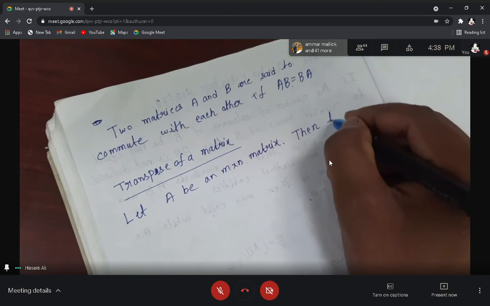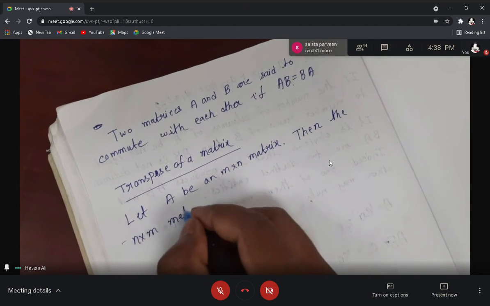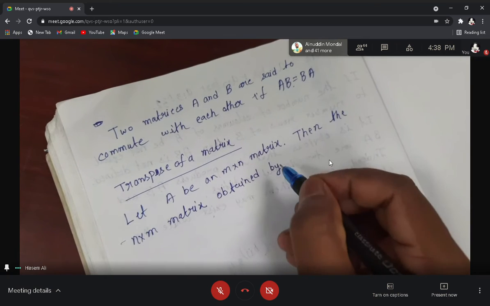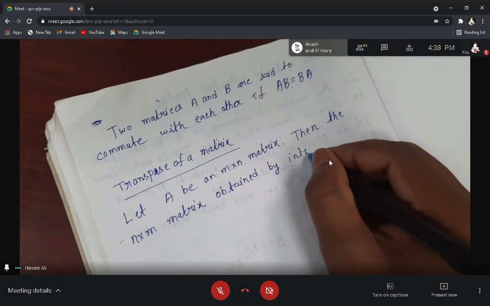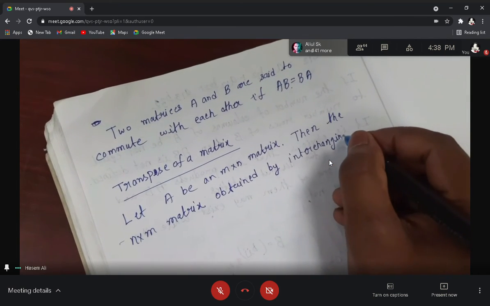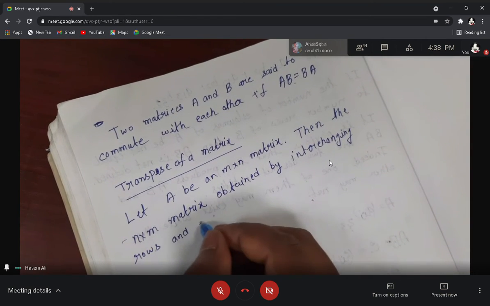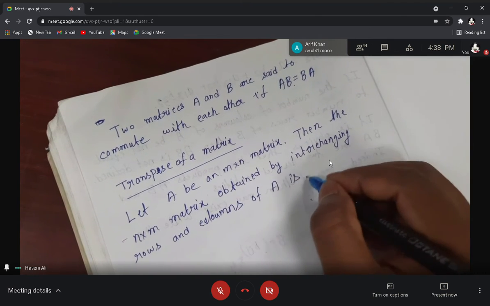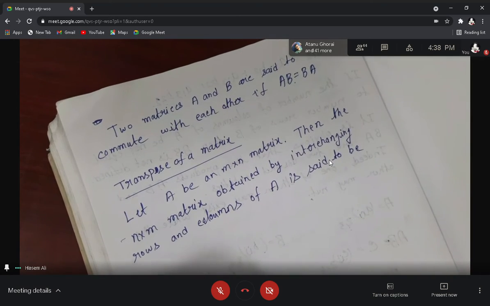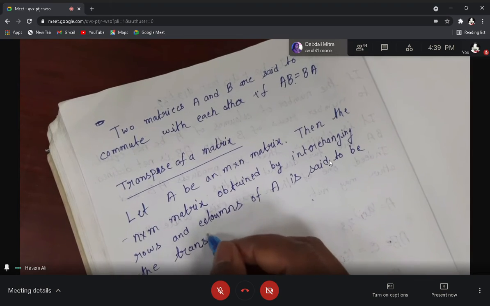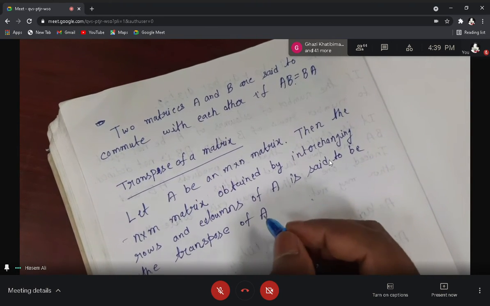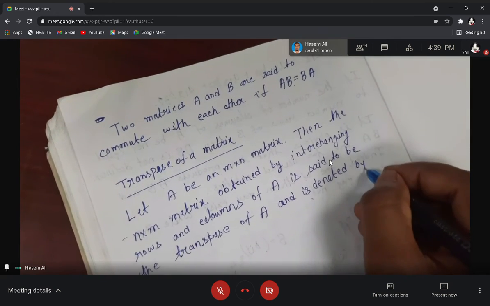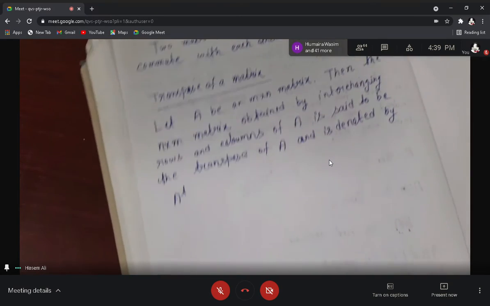Then the N by M matrix obtained by interchanging rows and columns of A is said to be the transpose of A, and is denoted by A transpose.